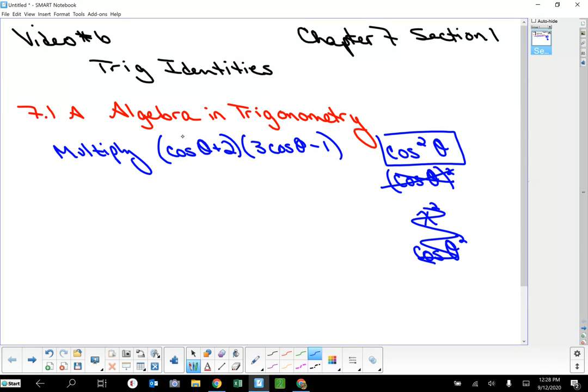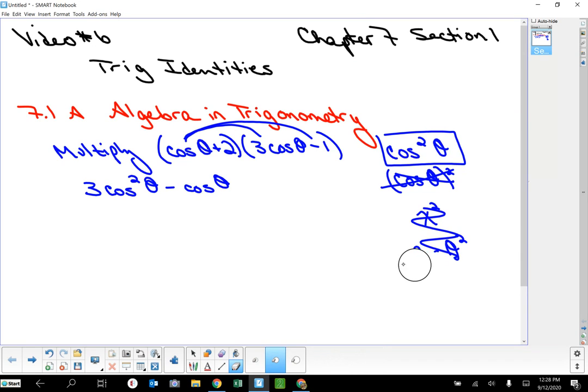When we multiply this times this, we're going to get 3 cosine squared theta. That would be the right way to write that out when you multiply those two things together. And then you're going to have a negative cosine theta. I'm going to erase some of that stuff so it's out of the way.